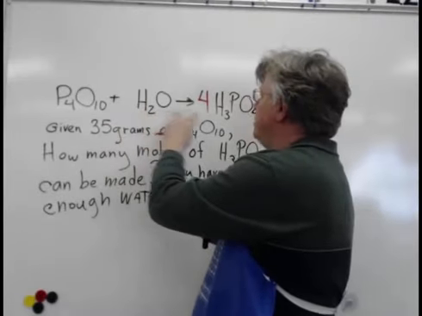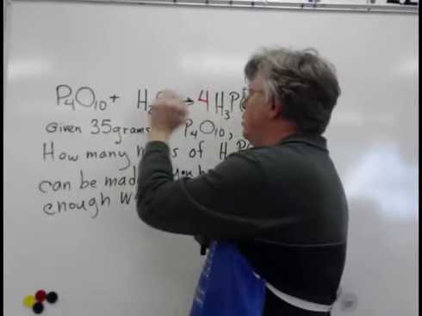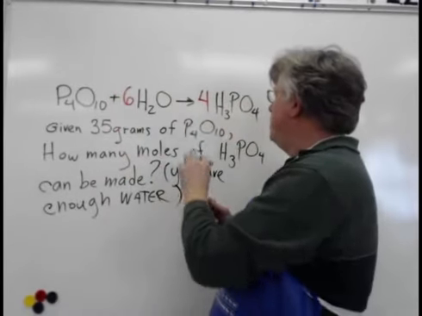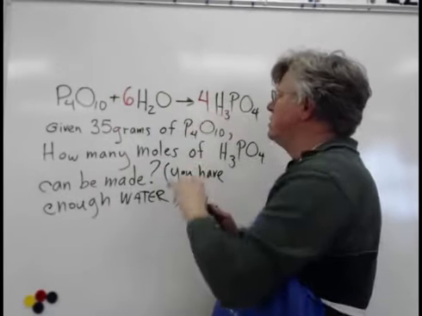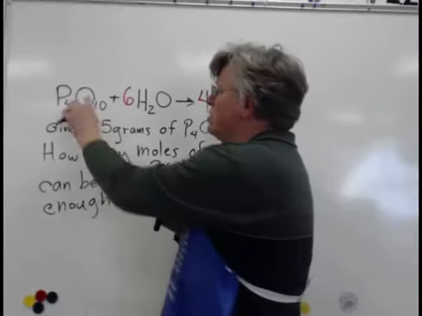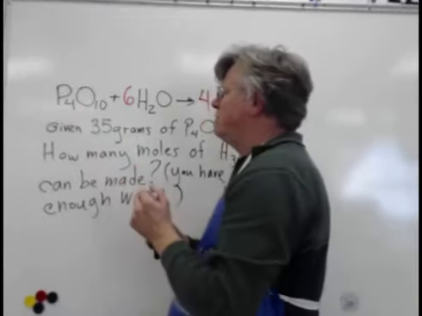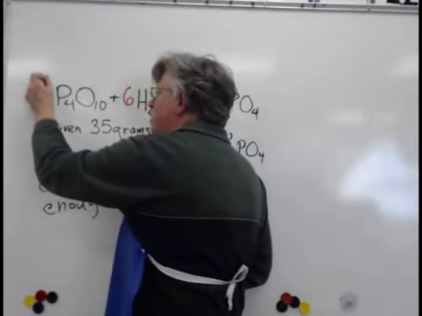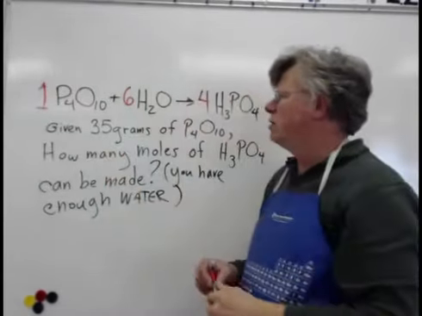I have 2 hydrogens and 4 times 3, or 12 hydrogens, so I'll put a 6 here. And then 4 times 4 is 16 oxygens. It turns out I have 10 plus 6, 16 oxygens. So just for the sake of the mole ratio, I'll put a 1 in front.